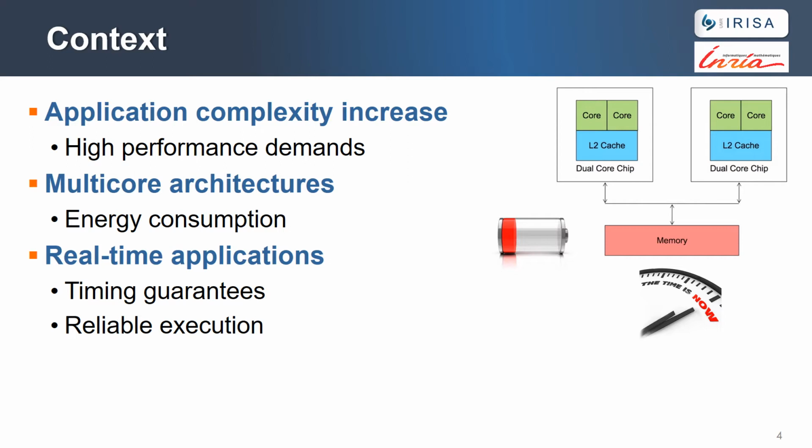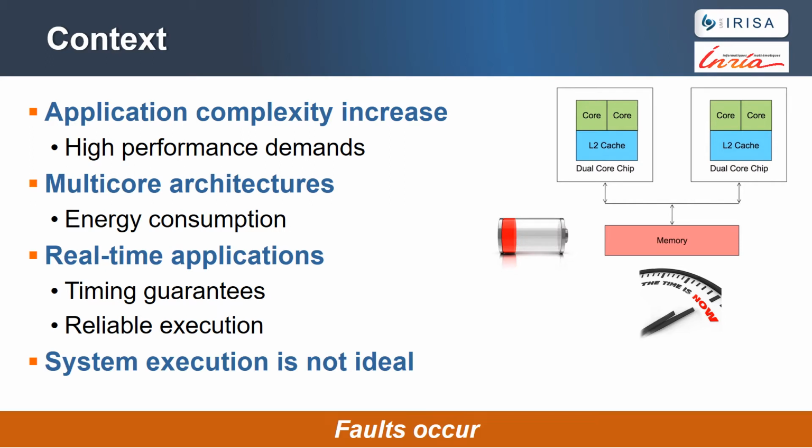However, due to the technology size reduction and the increasing scaling of CMOS technology, the system execution is not always reliable, and thus faults can occur during the system execution.